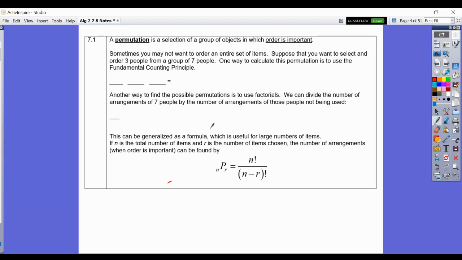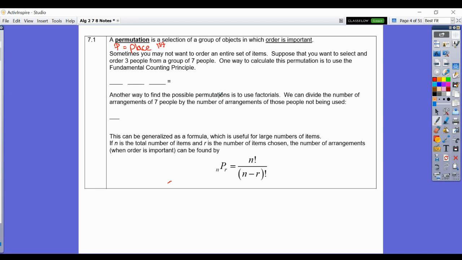If you are just selecting a group of people from a group of 7 people, like a committee, the order that you pick them in doesn't matter. But if you want them to be first, second, third place, then the order is important. So the way I remember this is that permutation starts with P, like place, as in first place, second place, third place matters.